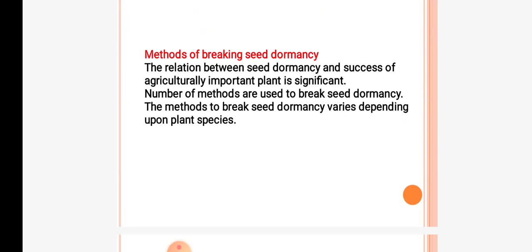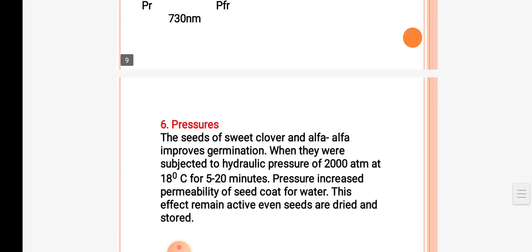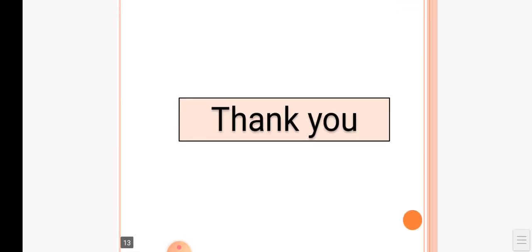So all these methods are very useful to break the seed dormancy, and there is a relation between seed dormancy and success of agriculturally important plants, which is very significant. Thank you.